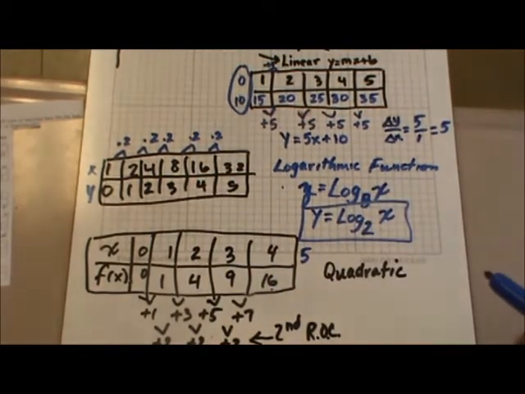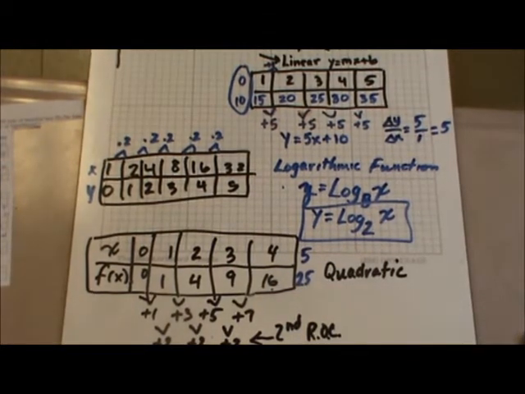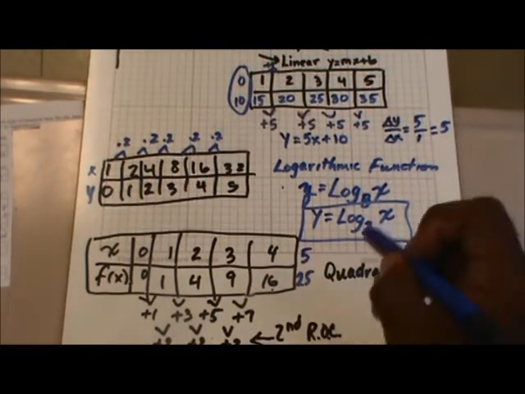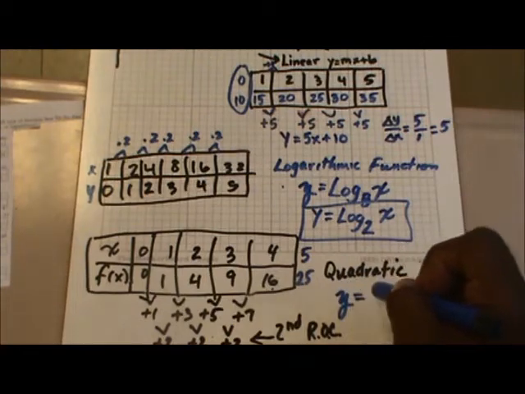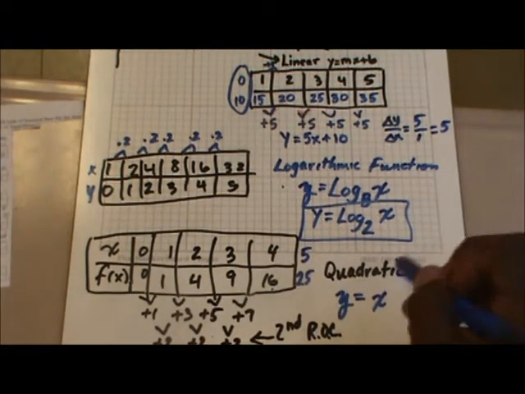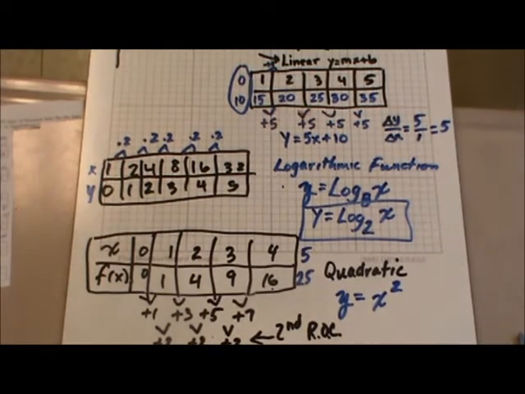My input was 5, well, 25. What am I doing every time? I'm taking this number and squaring it. So f of x will be equal to, if I plug in an x value, I'm going to take that x value and square it. It's that simple.